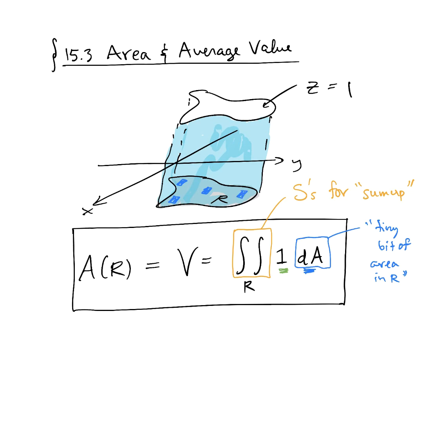If you add up all the little dA's, what do you get? Grand total, you get A.